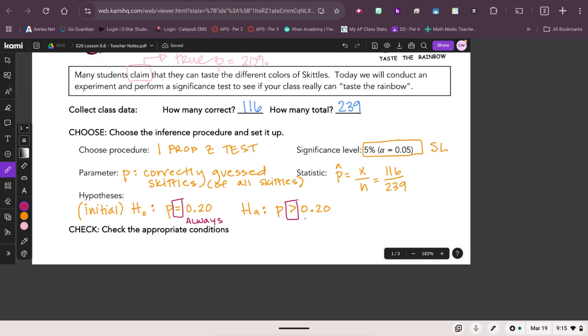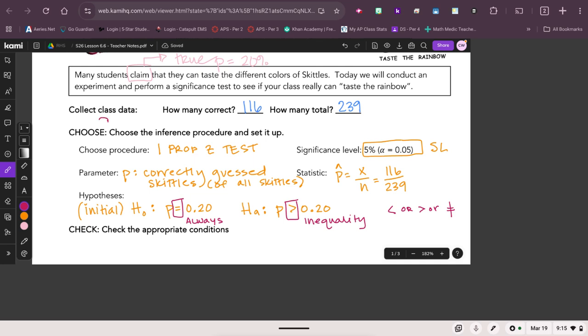And what you need to know is that that alternative is always going to be your inequality. It's never going to have an equal sign. Your options there are either going to be less than, or a greater than, or a not equal to, if they don't give you any indicator of whether it's greater or less. Okay, but you're never going to have an equal sign in that alternative hypothesis section.